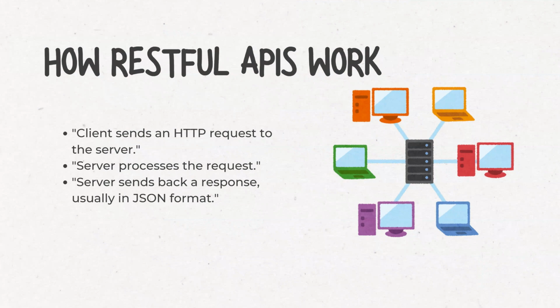So now the question is, what is JSON format? JSON is just a way to format data, making it easy for both humans and machines to read. This back and forth is what powers so many of the apps and websites we use in daily life, every day.